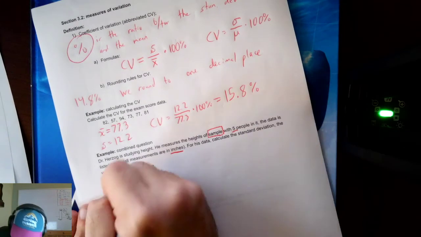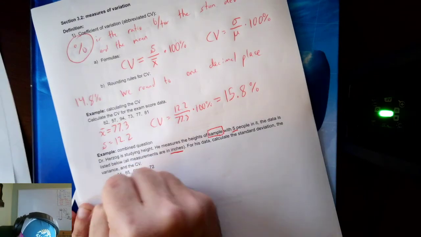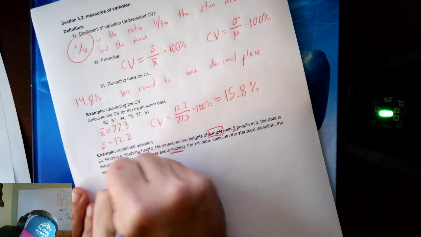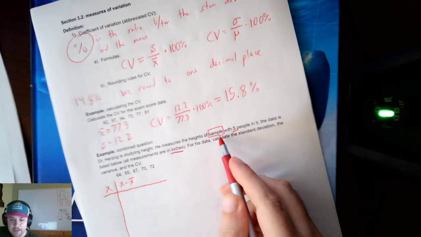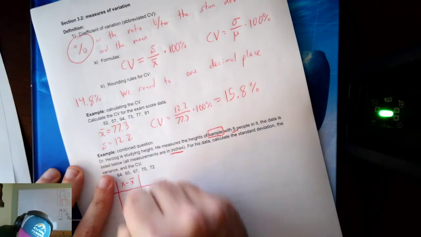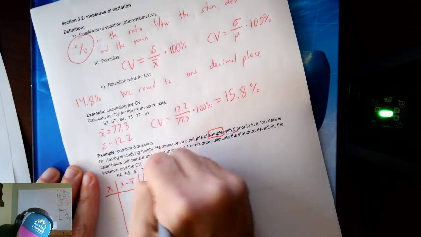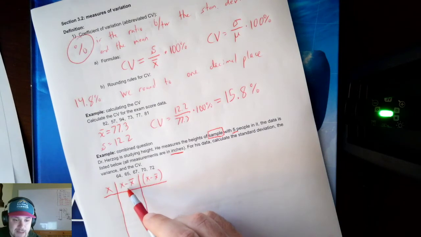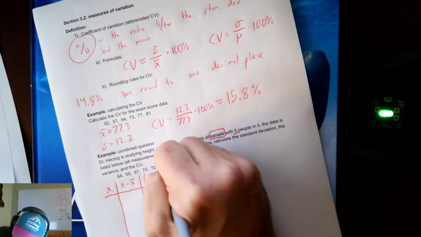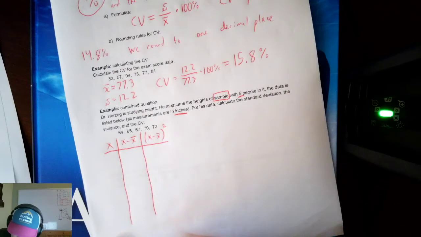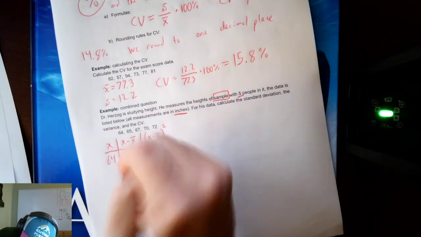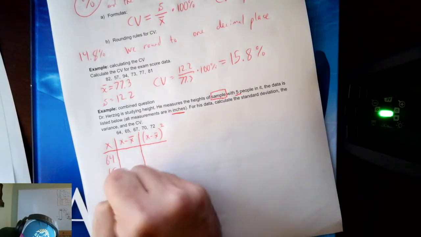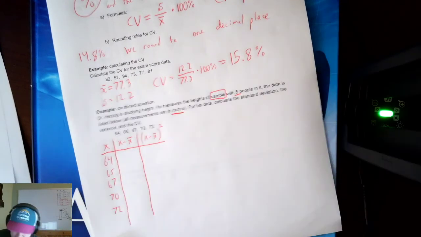Well, the first thing I need to do is make myself a table. And I'm going to be careful to make sure I'm filling the table out with the sample symbols, right? So I make myself that same table. I put x, x minus the average, x minus x bar, and then x minus x bar squared. X is my data. I've got 64, 65, 67, 70, and 72 as my data.